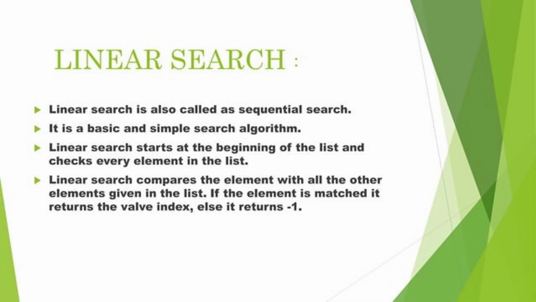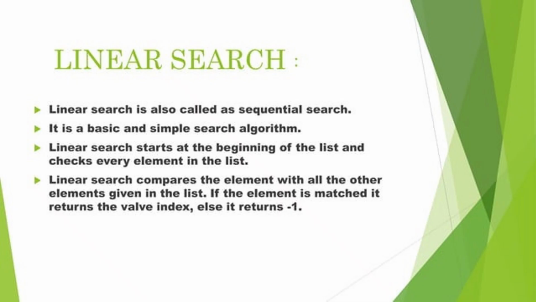The first search is linear search, which is also called a sequential search. It is a basic and simple search algorithm. This search starts at the beginning of the list and checks every element in the list. Linear search compares the element with all the other elements given in the list.